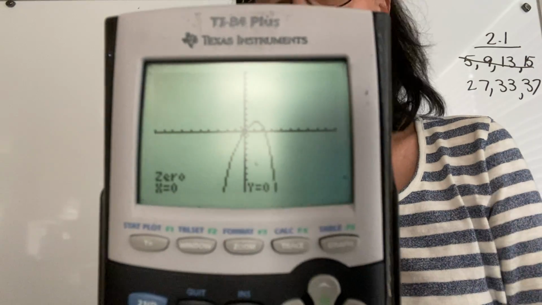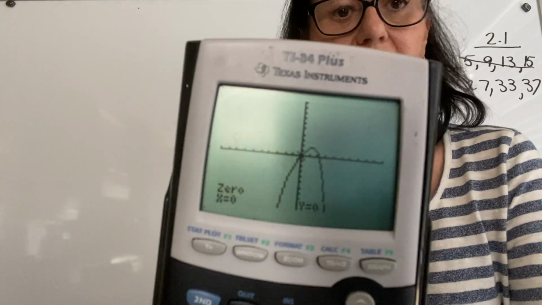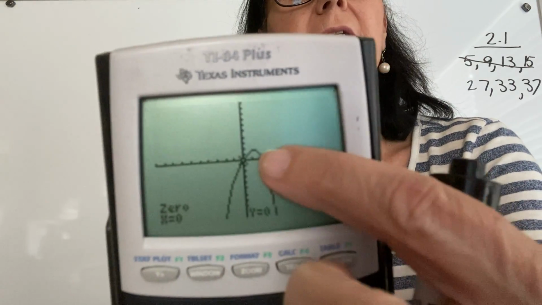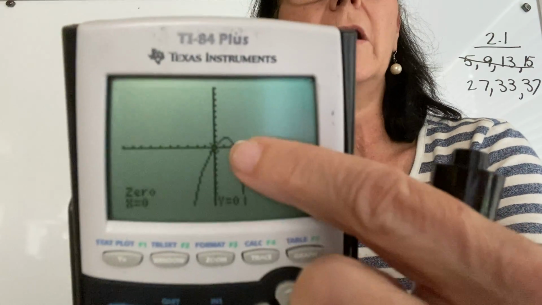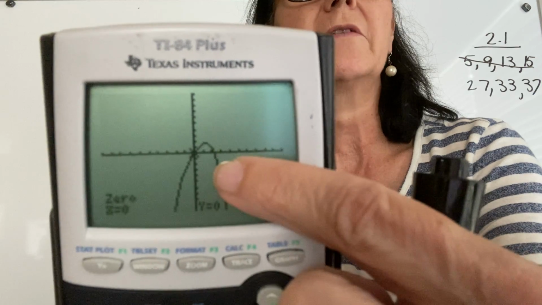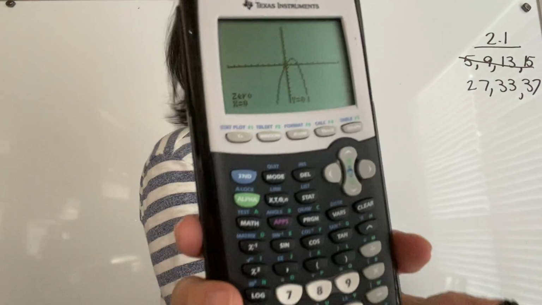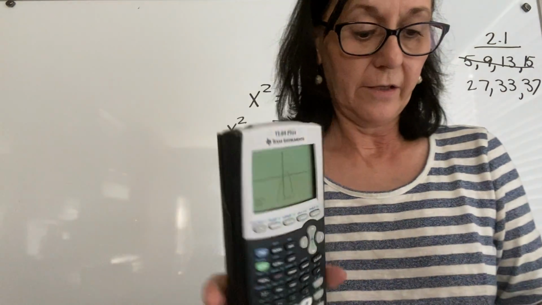Well, it was clear the answer was 0, 0, just because of where it was. All right, so then if you're going to find this one, you're going to go above it, and above it, X and Y are positive. Below it, X is positive, Y is negative. All right, so you just want to go 1 up, 1 below. That's 27, 33.